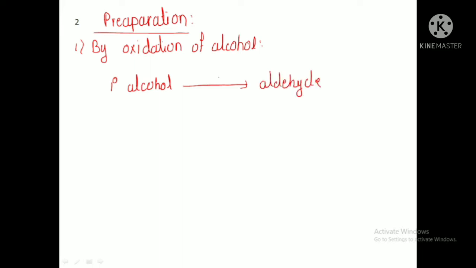Here we are supposed to have some reagents, I'll tell those reagents. And a secondary alcohol on partial oxidation will give a ketone.